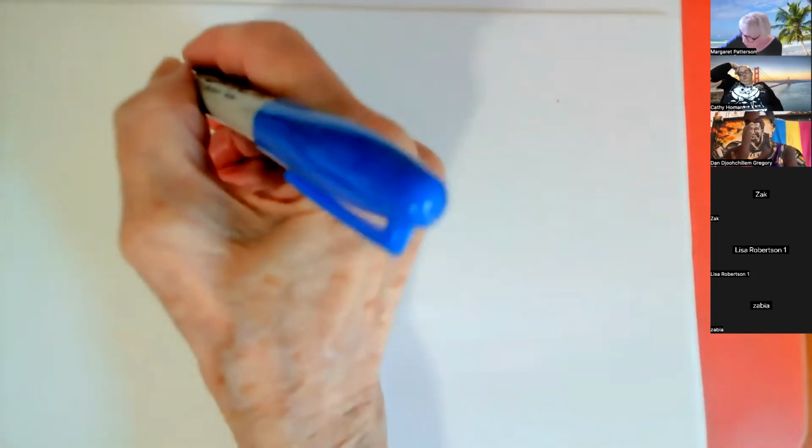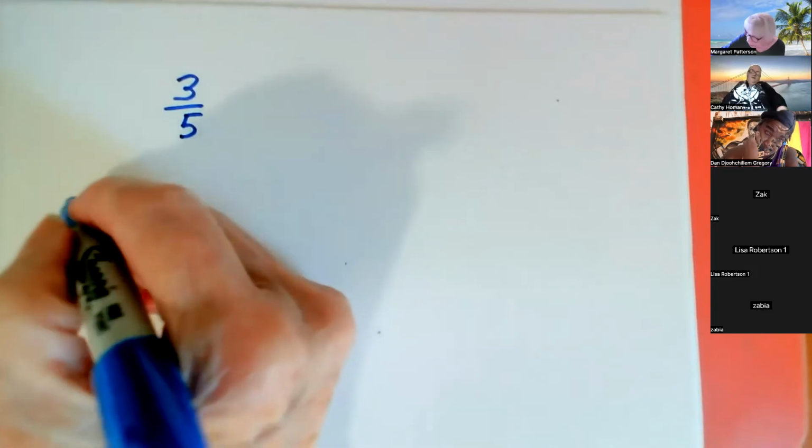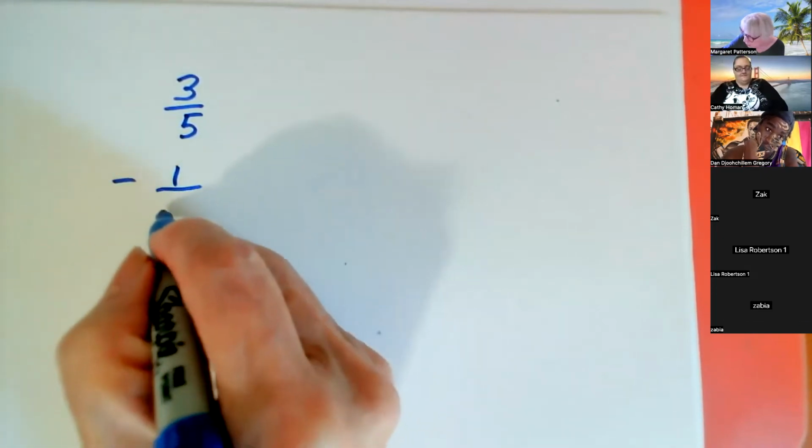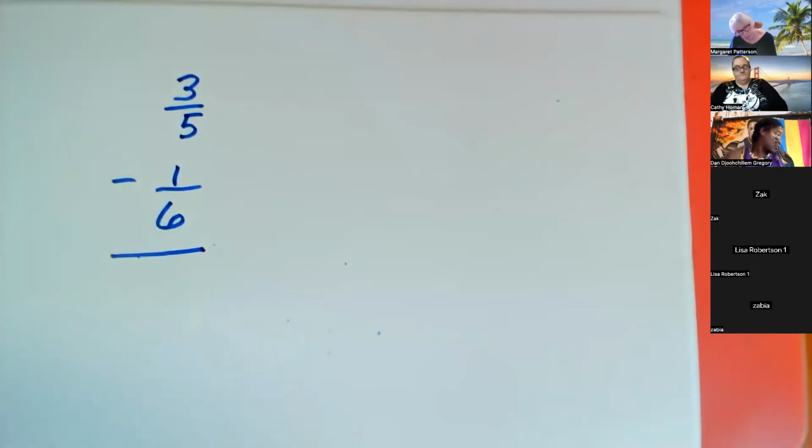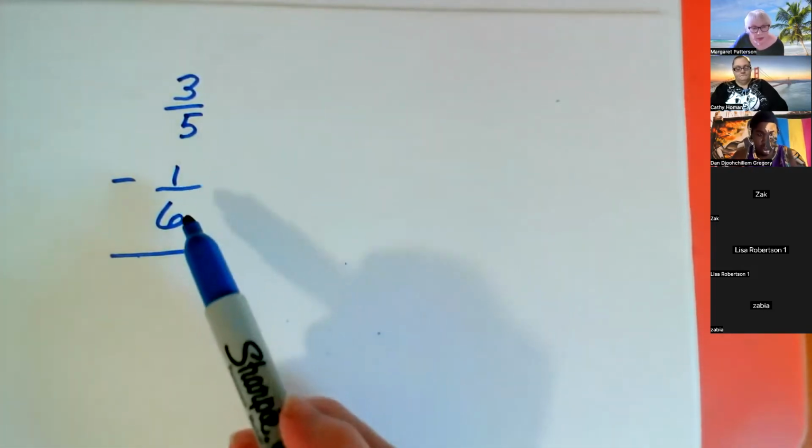All right. So now they're going to go into adding and subtracting fractions. Let's try a subtract. 3/5 minus 1/6. The minute you see that problem, the first thing you look at are the denominators.